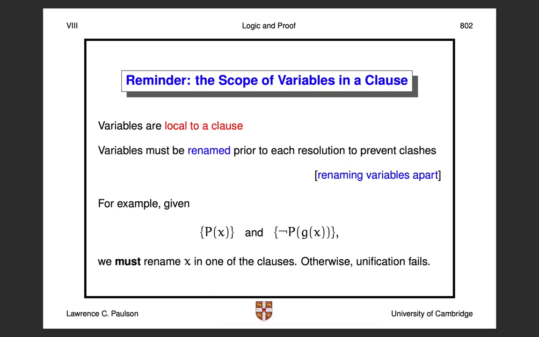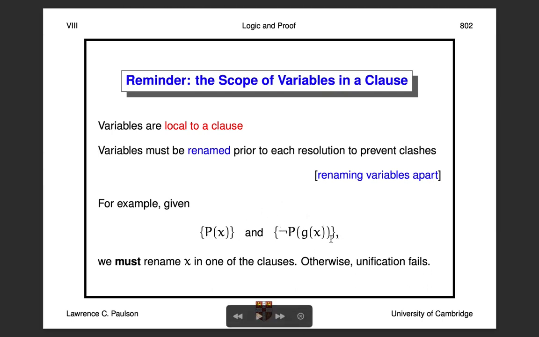It's necessary to rename the variables prior to resolution because otherwise, and you could actually see quite quickly in some of our examples, you would start to get name clashes very quickly. So if you are asked to resolve these two clauses, it would be wrong to say it's impossible because of an occurs check. It is true that this is P of x, and this is not P of g of x.